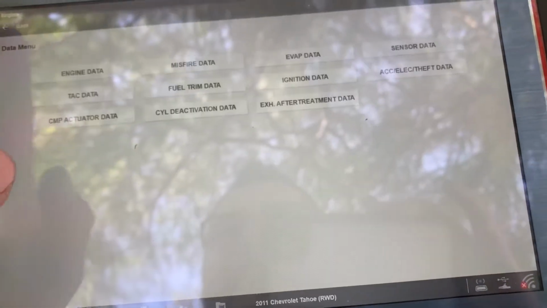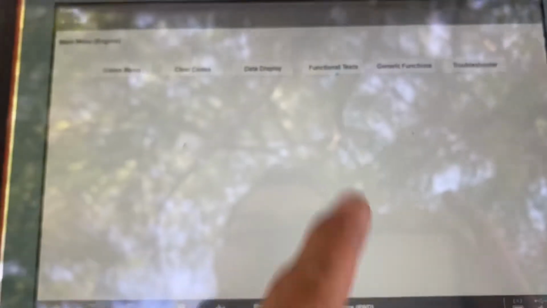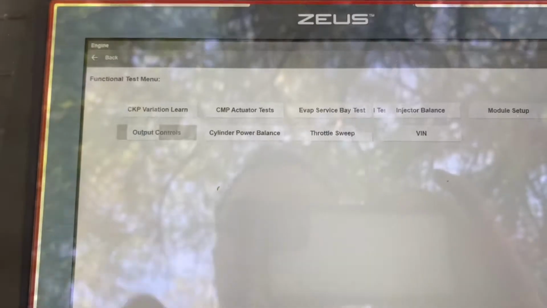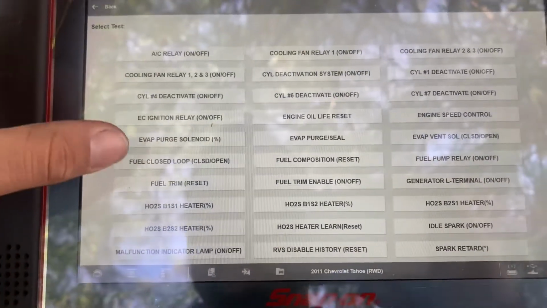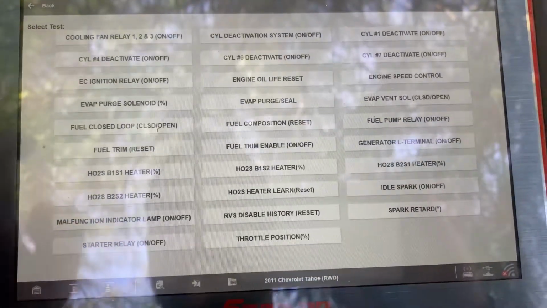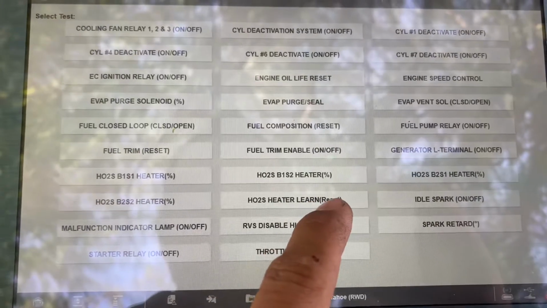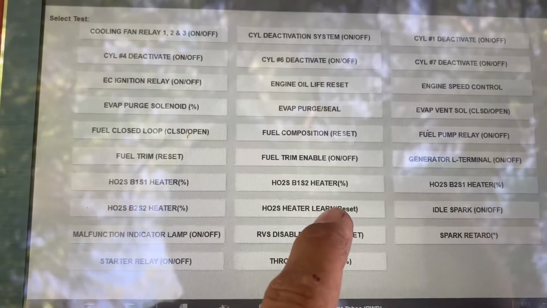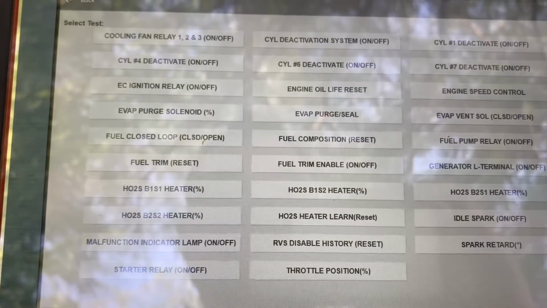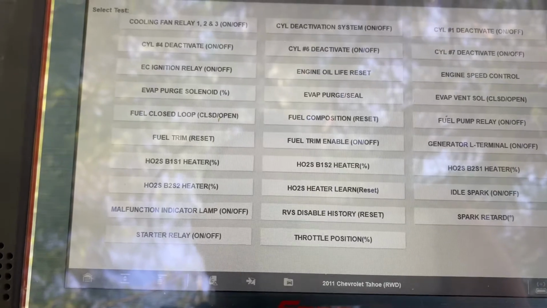And by that, we go to functional test, we go to output controls. How I did it, reset my fuel trims, O2 sensor heater learn reset, fuel composition reset, and I think that was it.